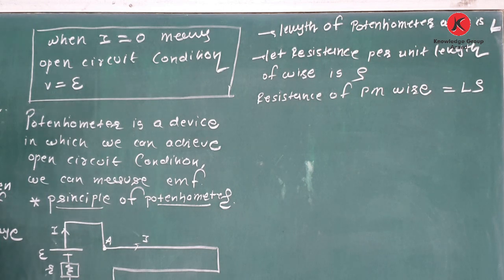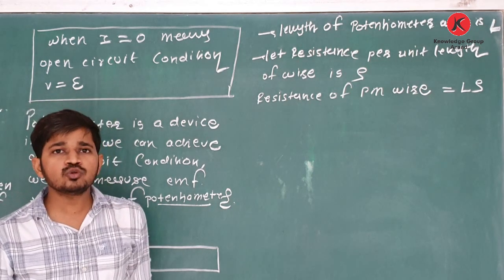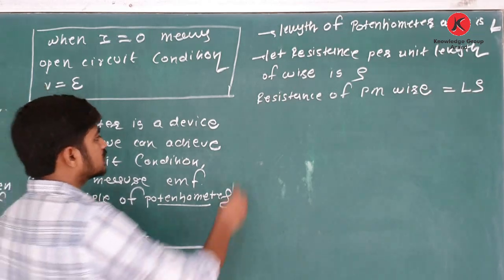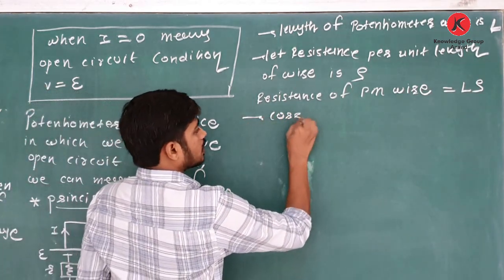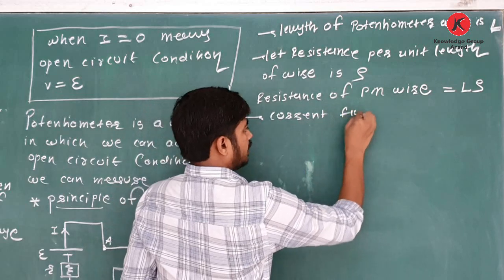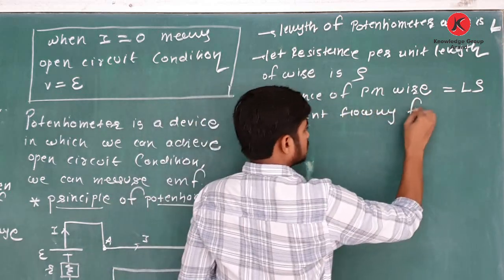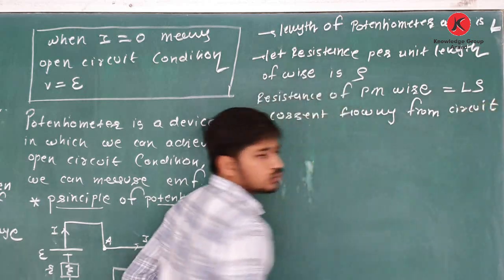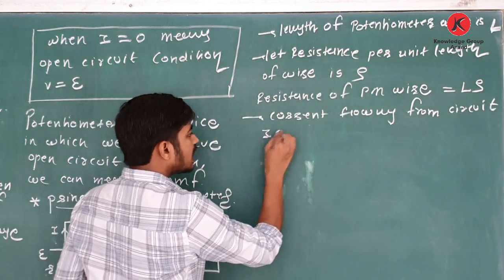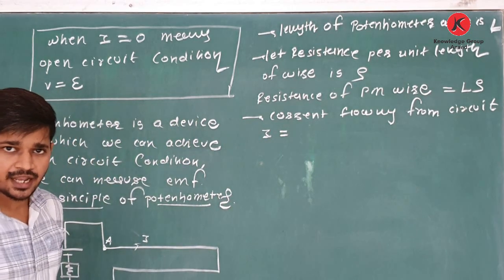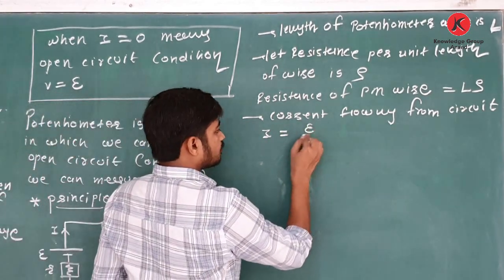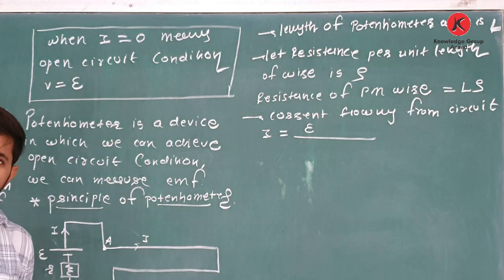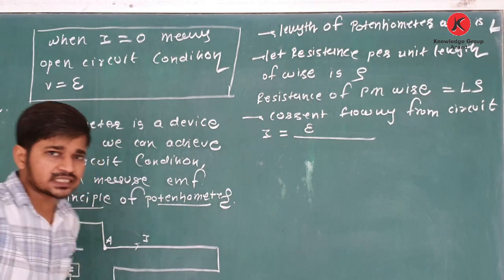Then according to Ohm's law, how to write the current flowing in the circuit? I is equal to EMF upon total resistance.